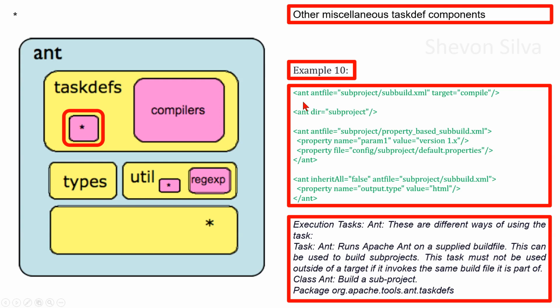This task must not be used outside of a target if it invokes the same build file it is part of. In API, class Ant builds a sub-project. This is in the package org.apache.tools.ant.taskdefs.